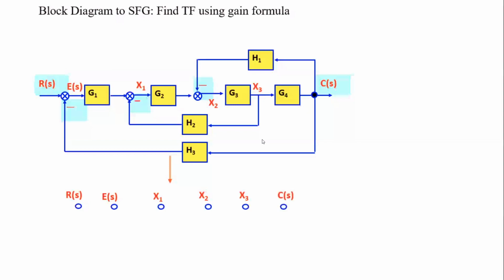Now connect between these nodes using the above gain values. Note down where the negative feedback is introduced, marked with a minus value. So minus H3 is the gain of the feedback path because it's a negative feedback path.